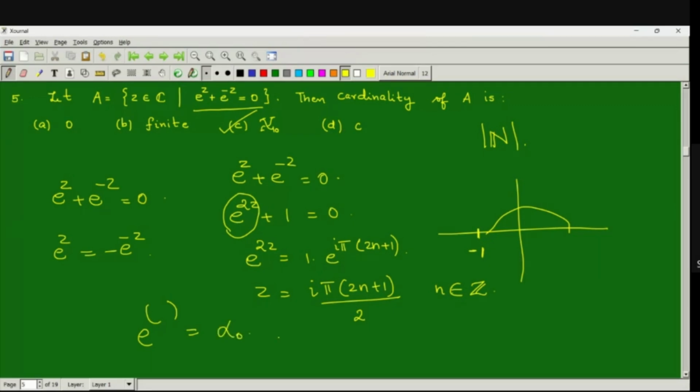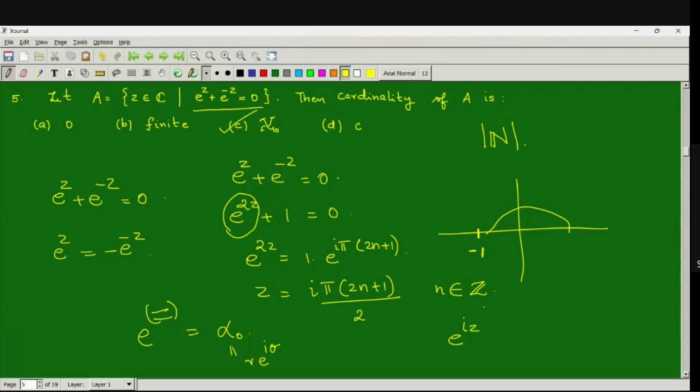Then there is a way to solve because the polar representation exists. Always this is a better idea. So whenever we are asked to find the roots of cos hz, cos iz, sin hz, etc., you just use e power z plus e power minus z, which is nothing but cos z. It's a very easy way.